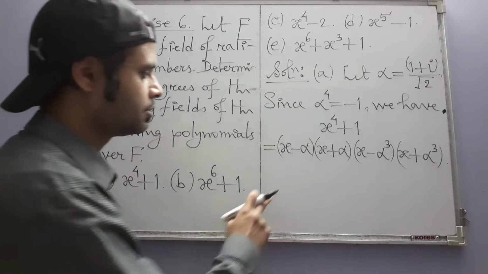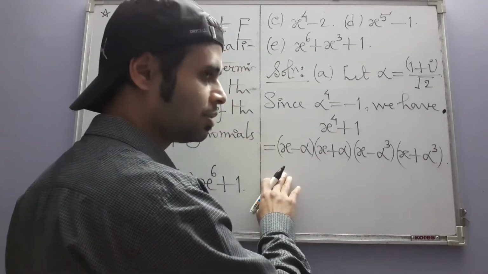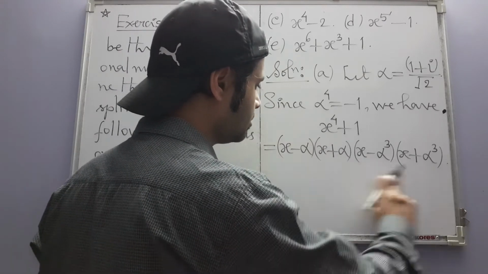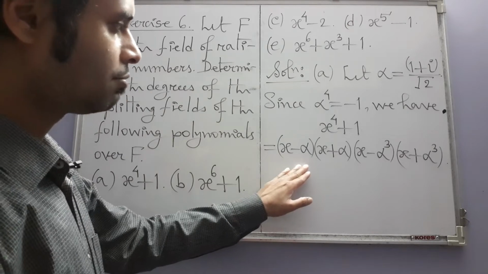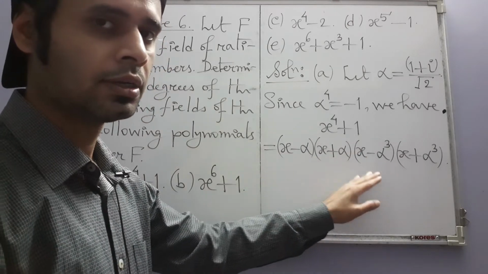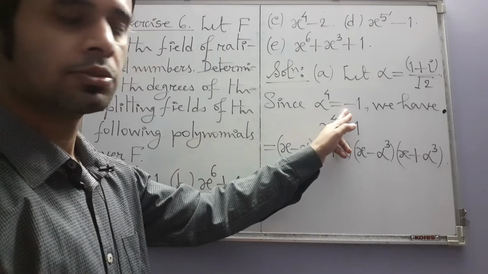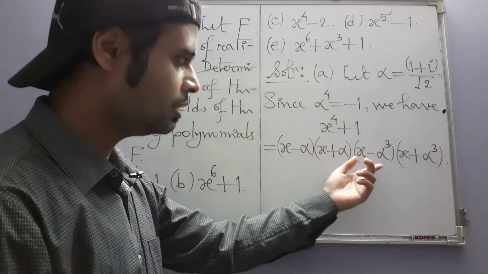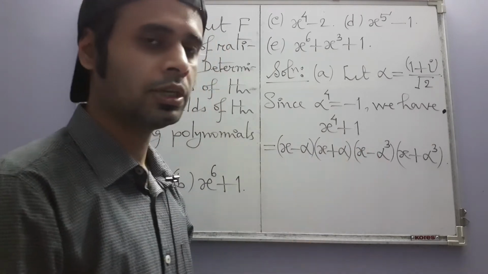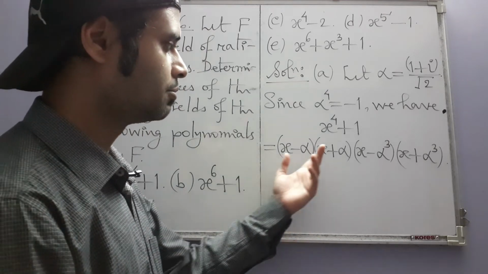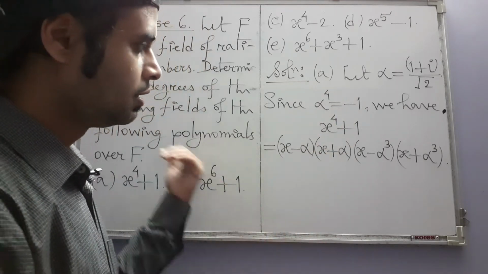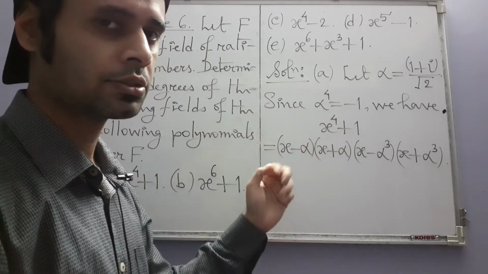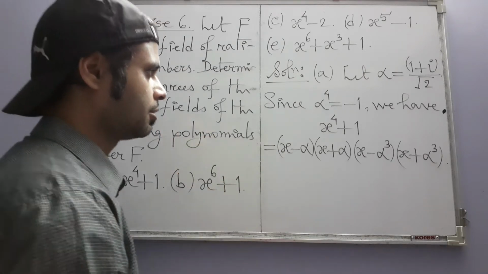You just start multiplying the terms out, and whenever you encounter the 4th power of alpha, for example if you multiply these two things first, you just put minus 1 there. If you complete the procedure, you will see that you end up with x to the power 4 plus 1. So that way you have the full factorization.